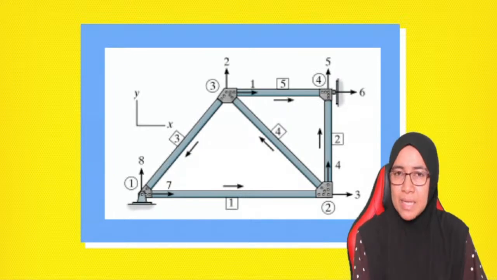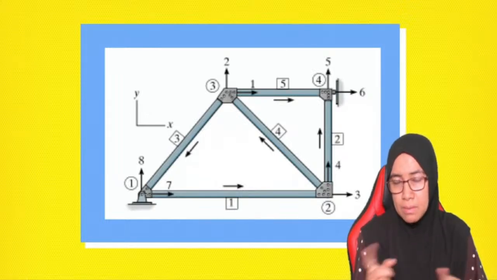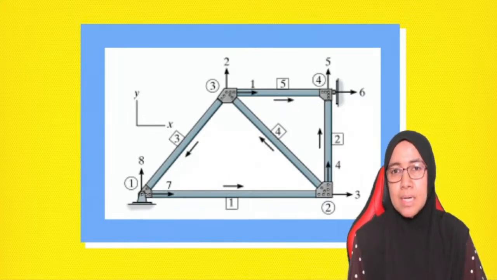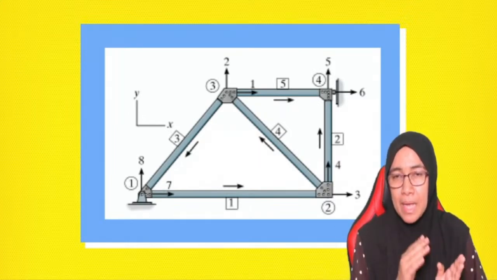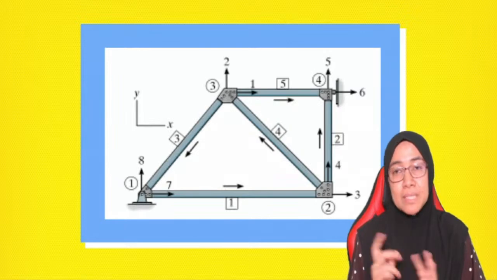Number 2: we have to label the element numbers. Previously, when we analyzed trusses, for example using the flexibility method or determinate trusses last semester, whenever two nodes joined together, we called it member AB, member BC, member CD.